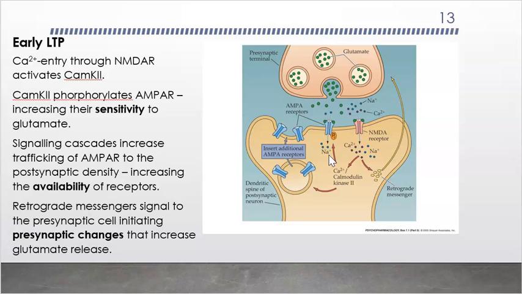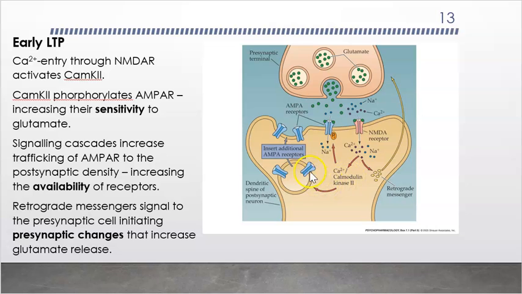Now, as CAMK2 is phosphorylating our AMPA receptors, it's also going to do a signaling cascade, stuff that we don't care about, and increase the amount of AMPA receptors that are inserted into the synapse.